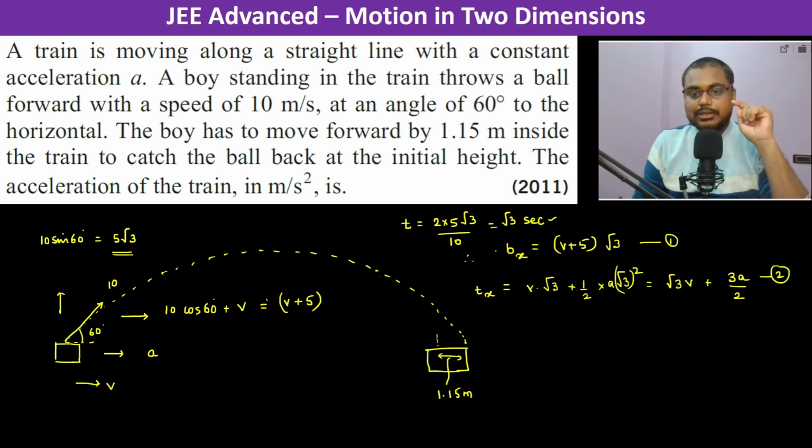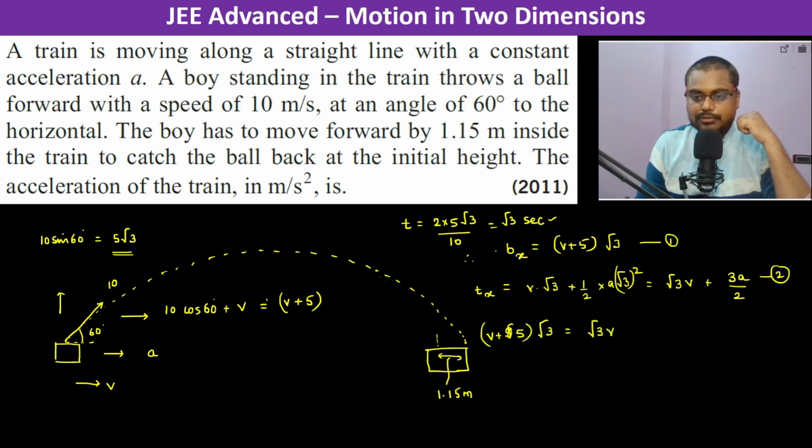Now the ball travels an extra 1.15 meters. So therefore v plus 5 into √3 should be equal to √3v plus 3a by 2 plus 1.15 meters. So therefore this is going to be 5√3 is equal to 3a by 2 plus 1.15.